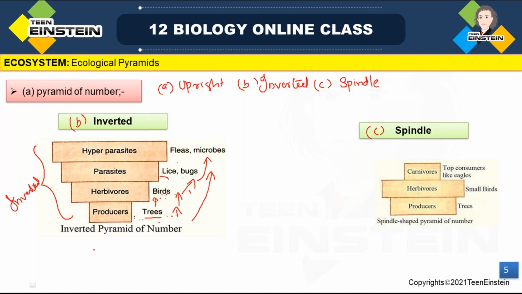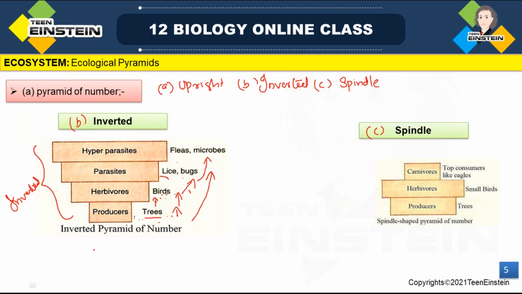So here, for example, a large size tree is considered as a producer, right? That will be providing nourishment to so many birds. Then on that bird, parasites will be there, like ticks, bugs, and all such kinds of parasites will be present on that bird.